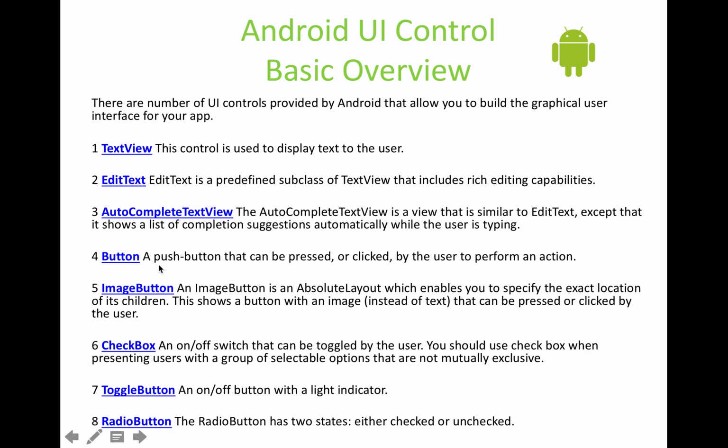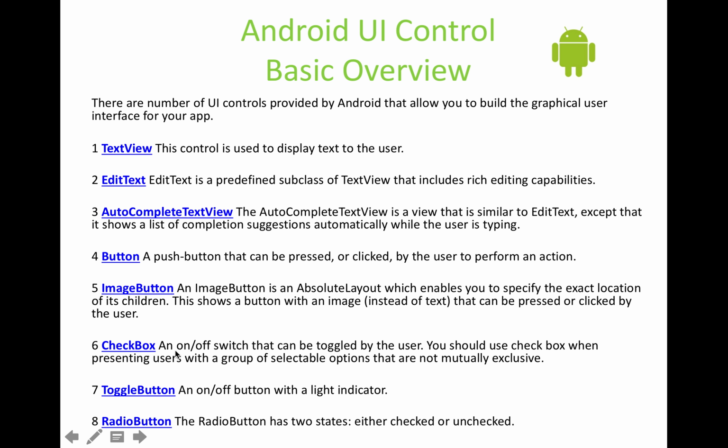Another is Button, a push button that can be pressed or clicked by the user to perform an action. ImageButton shows a button with an image inside instead of text that can be pressed or clicked by the user.